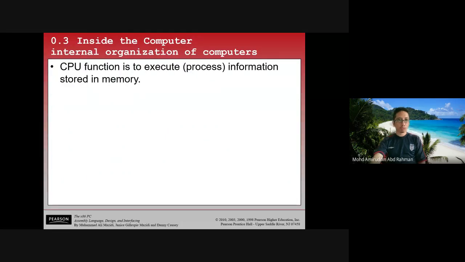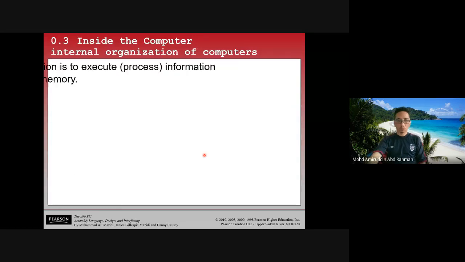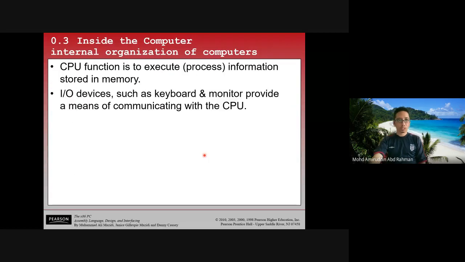The CPU function is to execute the information stored in the memory. So the instructions inside the memory need to be executed by the CPU. That is the function of the CPU.